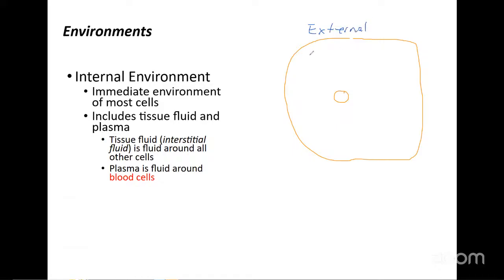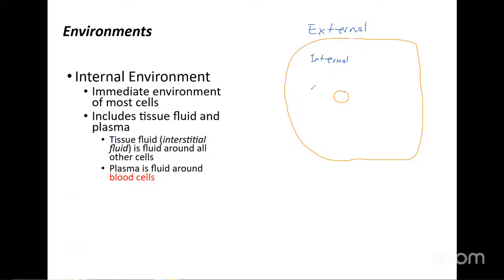Then our internal environment is protected by this epithelial membrane. And then we have our cells somewhere in that internal environment, unless we happen to be an epithelial cell making up the membrane itself, separating external from internal.